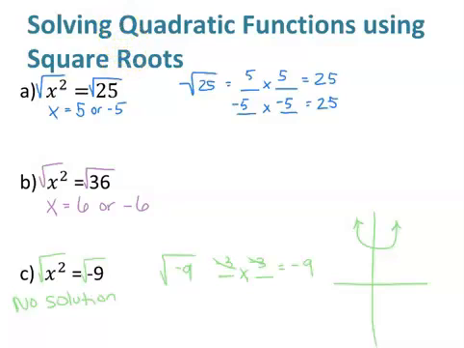If you have an x squared term and a constant, that works. If you have an x term, you don't want to use the square root method. So notice there's no x term. It's not x squared plus 2x or x squared plus 4x. There's no x term, and that's why we were able to use the square root method here.